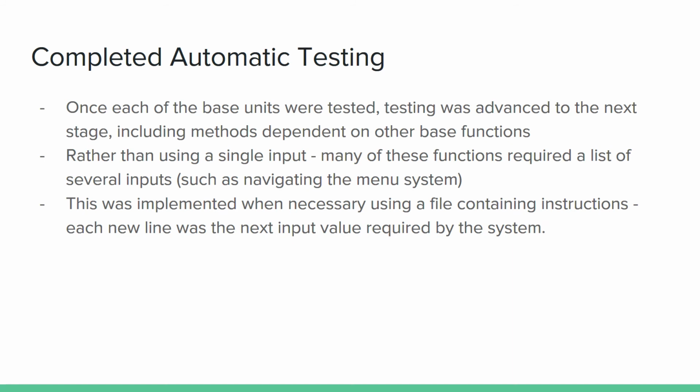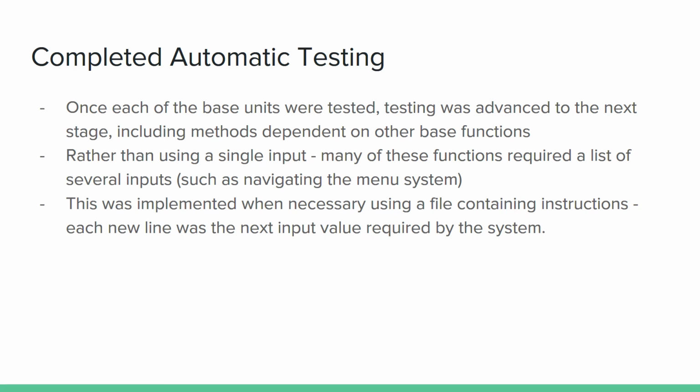And once these unit tests were performed and completed on each and every single module, we just had to advance to the next stage, which included methods that were dependent on other base functions. This is basically us trying to put back together what we had broken down into modules. We wanted to take those modules and automate them and test them in a way that they were together once again as a single program.